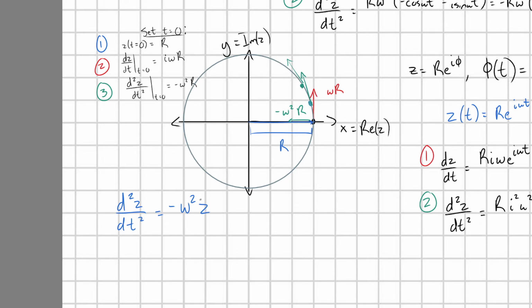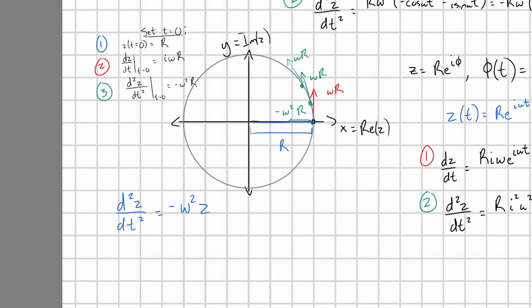Because this acceleration is always acting perpendicularly to my velocity, it's never able to change the magnitude of my velocity either. So each of these still has a magnitude of omega times r, because the acceleration is always acting perpendicularly to them.